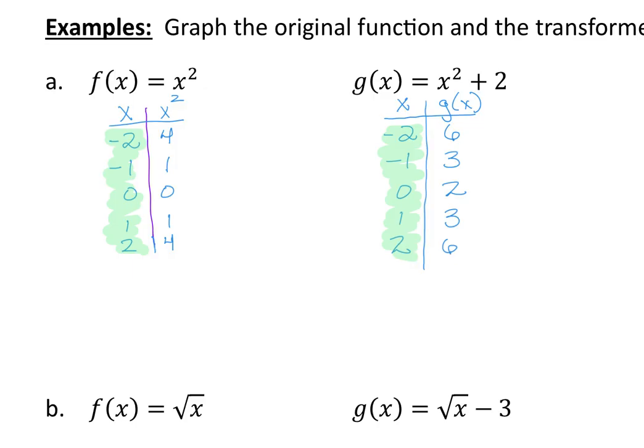But when we look at the y values, 4 becomes a 6. We added 2. 1 becomes a 3. We added 2. 0 becomes a 2. We added 2. And same thing with all of these. All we're doing is adding 2.